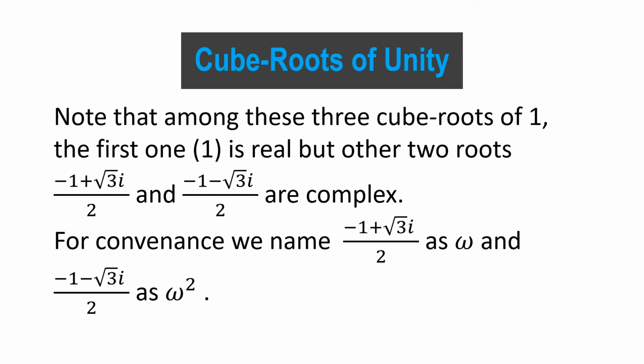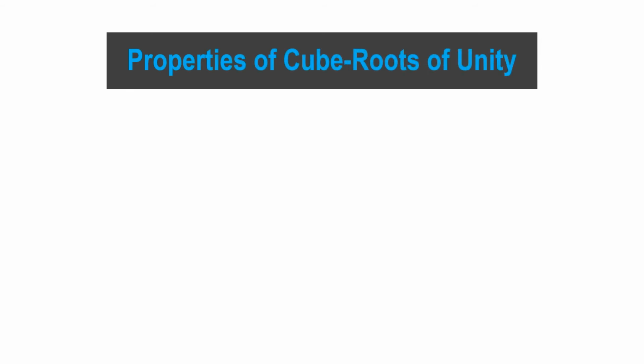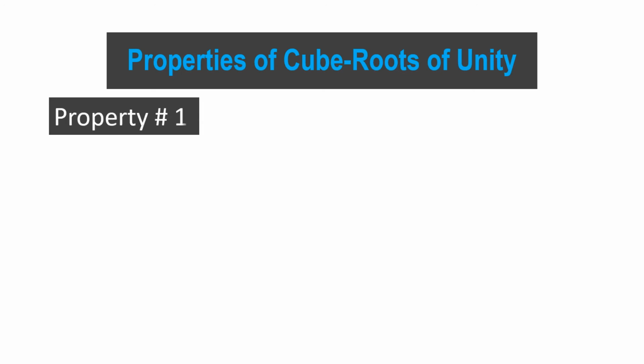For convenience, we name minus 1 plus square root of 3 iota whole divided by 2 as omega and minus 1 minus square root of 3 iota whole divided by 2 as omega squared. Read this symbol as omega.